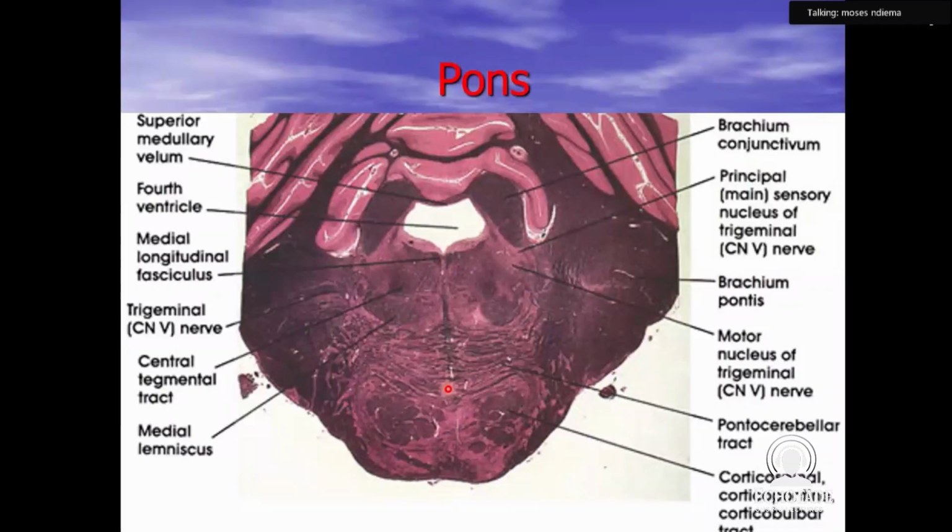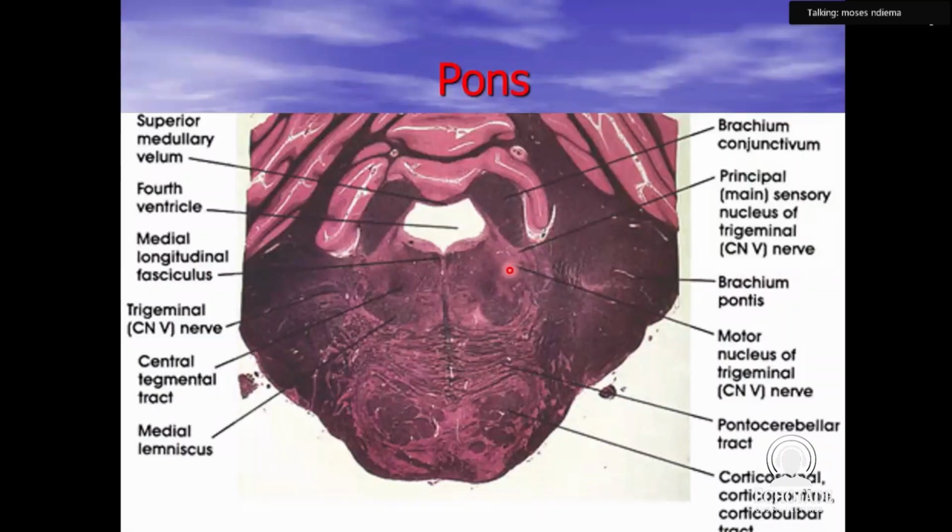Apart from this, remember we talked about the brainstem being a highway. We have also those fibers originating from other parts of the body that are continuing on to the spinal cord, or continuing on from the spinal cord to the cerebellum, or spinal cord to the cerebral cortex. The pons has the origin of cranial nerve nuclei.